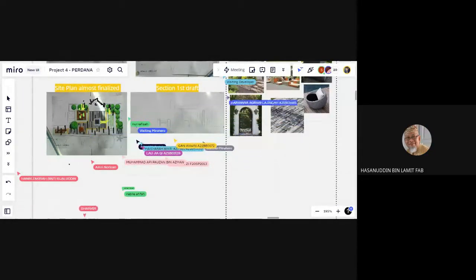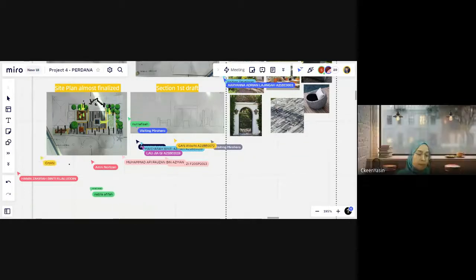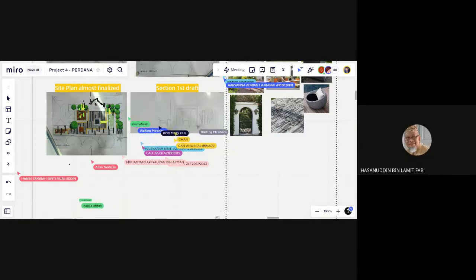Look at the scale. Is this 150? Actually, I used 1 to 100, but never mind, I'll check my scale again. If you compare the drawing of your section with the one in your plan, it doesn't seem compatible. If it's 1 to 100, you can just pull from your plan and the size of your section will be the same.